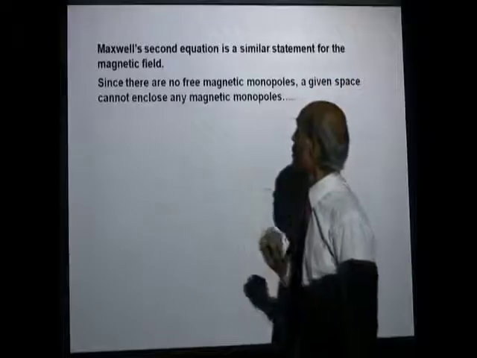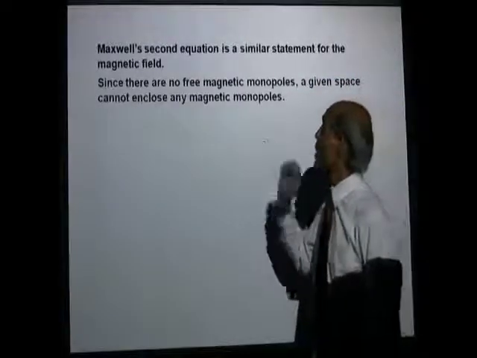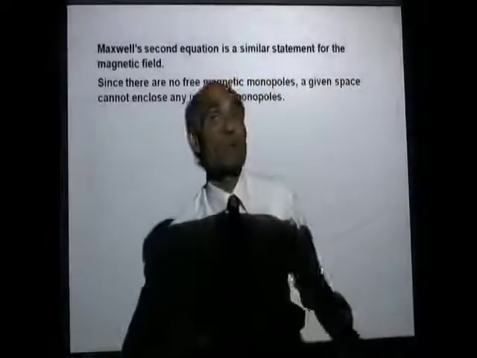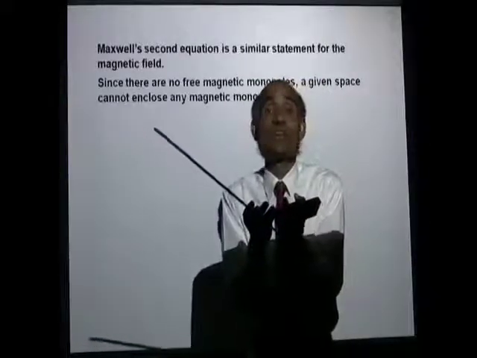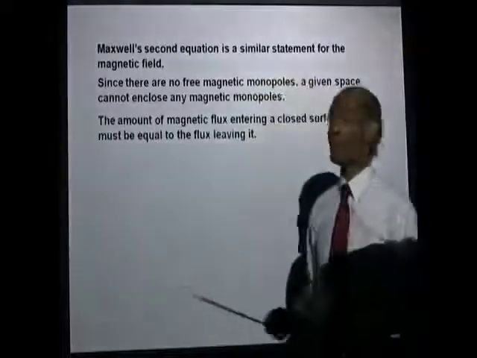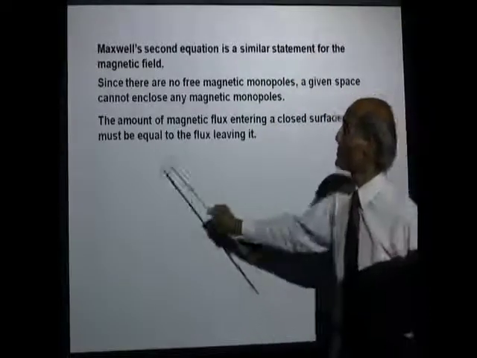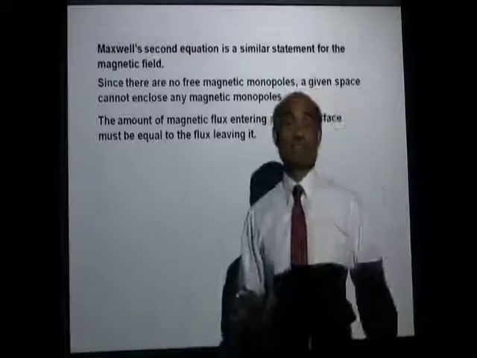Since there are no free magnetic monopoles, a given space cannot enclose any magnetic monopoles. That means the amount of monopoles enclosed in any space will be zero. The amount of magnetic flux entering a closed surface must be equal to the amount of flux leaving it.